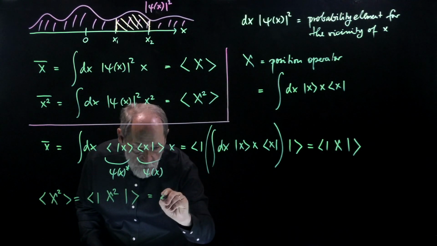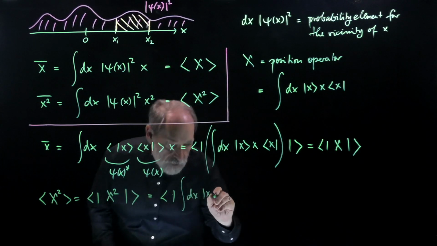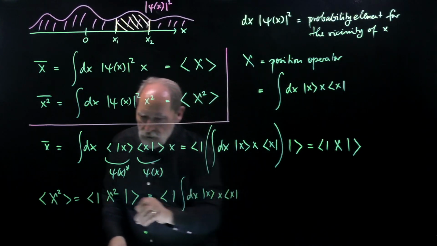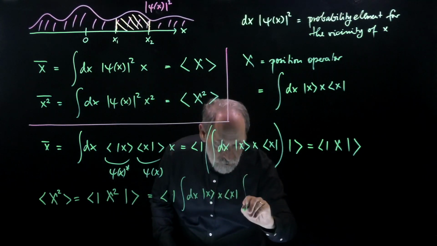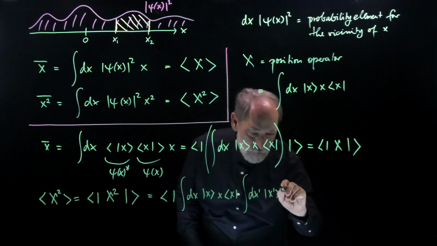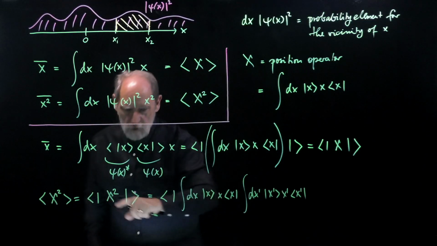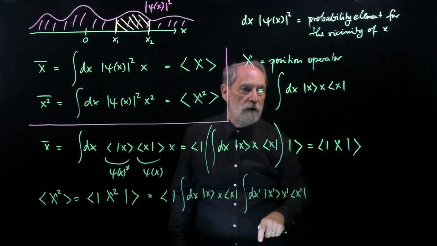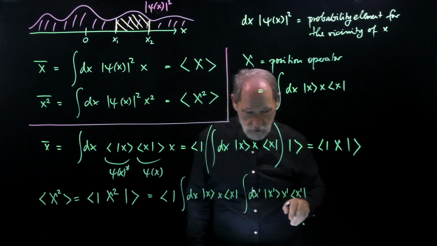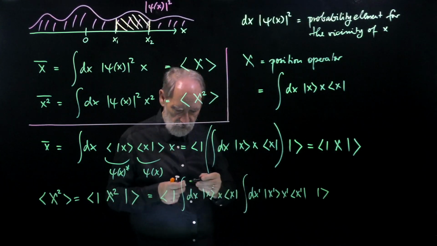Okay, so the bra for the state, we integrate over x, ket x, number x, bra x. That's one of these x factors. Integral x prime, ket x prime, number x prime, bra x prime. That's the second one of these x factors. It's just that the integration variable is now called x prime, so we don't confuse the two integrations. And then there is the ket for the state.